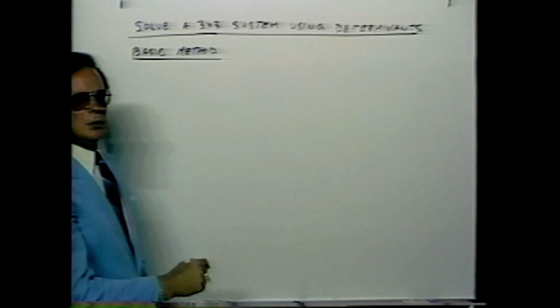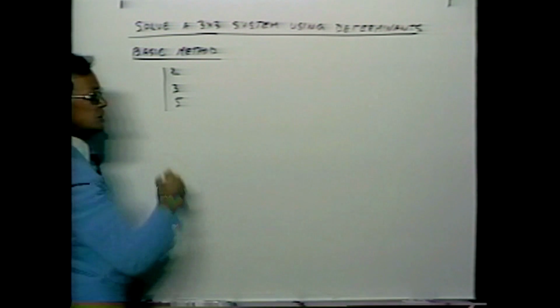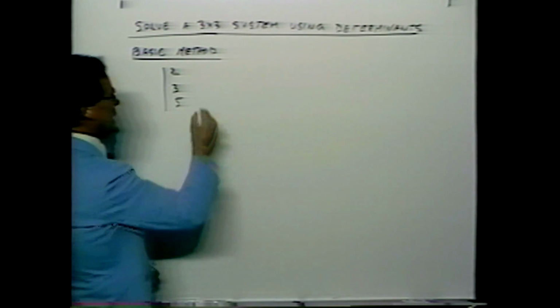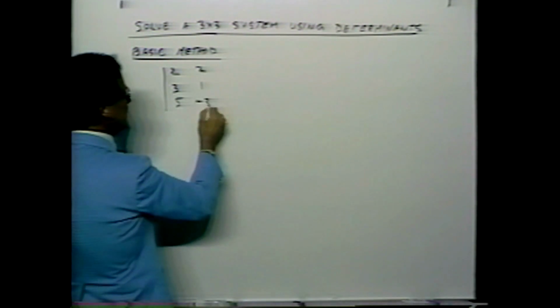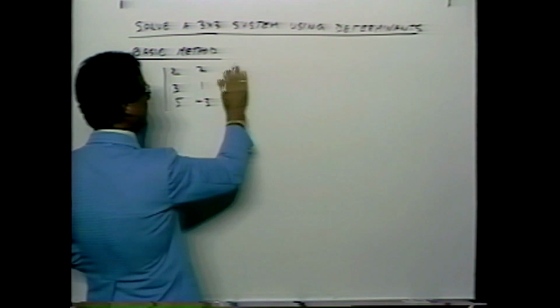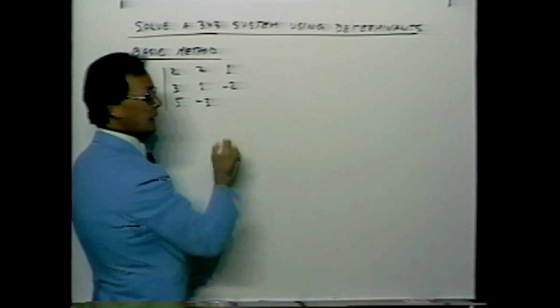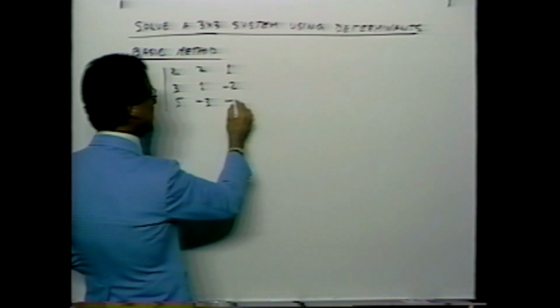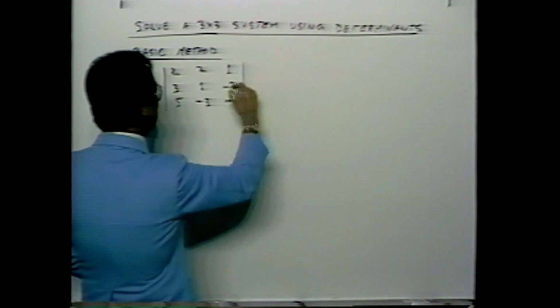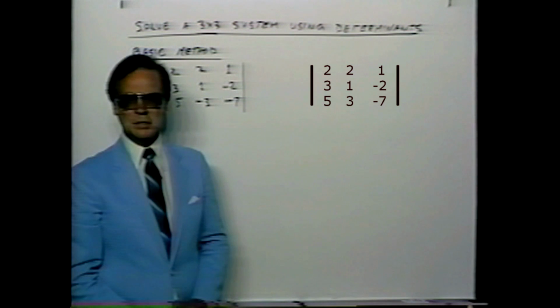Let's use the following determinant then: 2, 3, 5 in this column, 2, 1, minus 3 in this column, and 1, minus 2 and minus 7 in this column. This is a square arrangement of 9 numbers, as you can see.